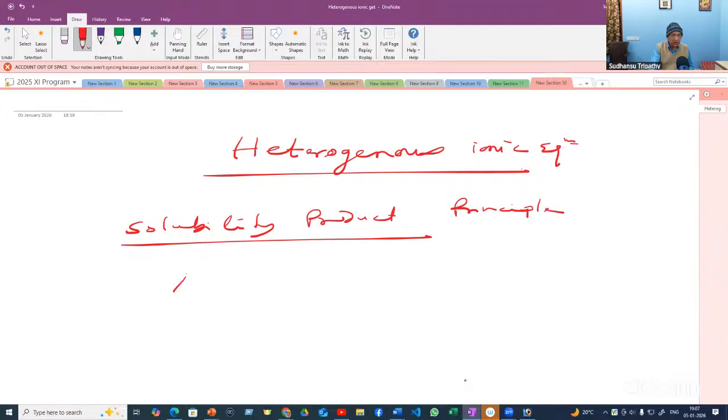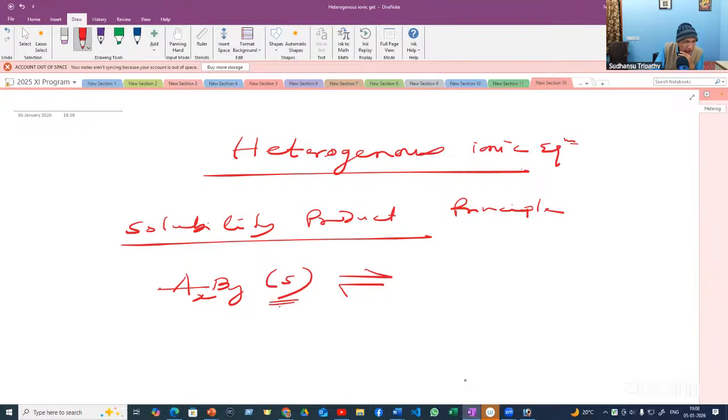Now supposing a type of salt, say AxBy, it is a sparingly soluble substance, and whatever little dissociation occurs is due to dissolution. It dissociates no doubt into free ions, but it is due to dissolution first. So here the term solubility will be used instead of the degree of dissociation. The solubility is the term to be used here.